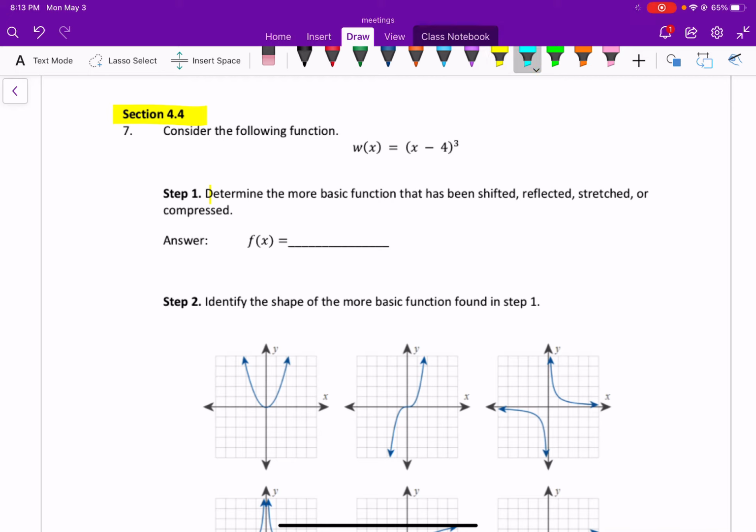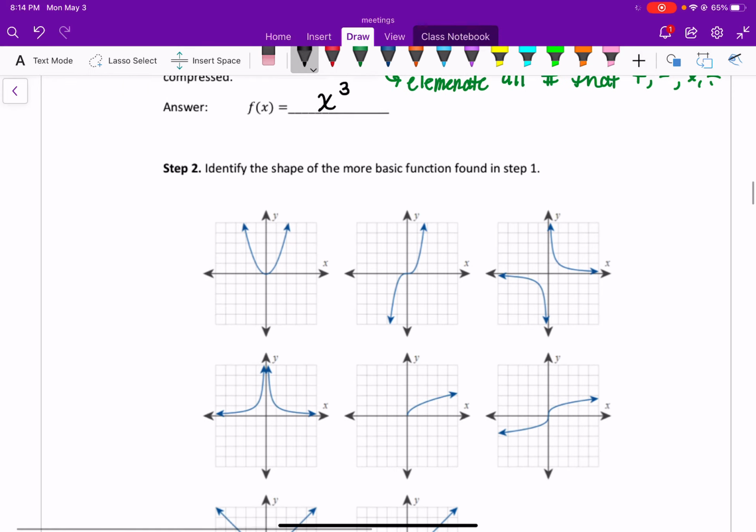So remember, when you're determining the most basic function, what you're basically going to do here is eliminate all numbers that are added, subtracted, multiplied, or divided onto your x. So in this case, the only number we're really going to eliminate is this guy right here, the negative 4. And the only thing we have left at that point is x cubed. So that would be my basic function.